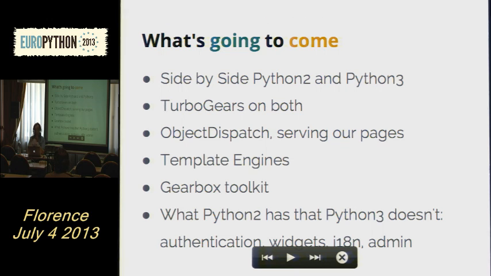And we are going to try to use TurboGears on both. We are going to see how object dispatch works, which is the way TurboGears dispatch pages. We are going to see how template engines work, and we are going to use the Gearbox toolkit, and we are going to see what's available on Python 3 and what's not.